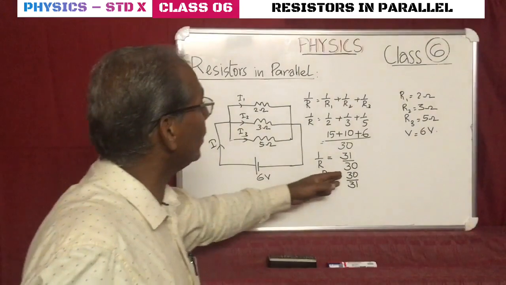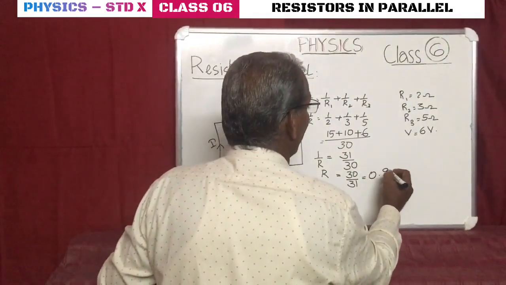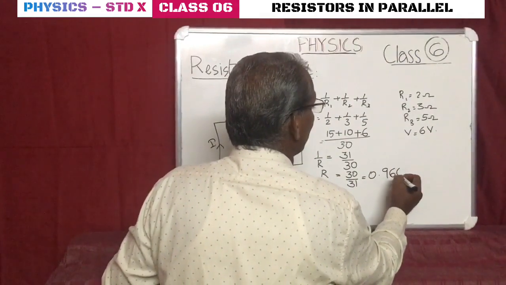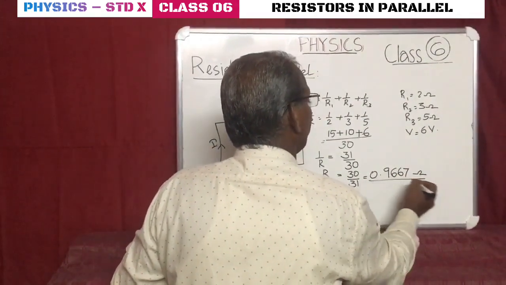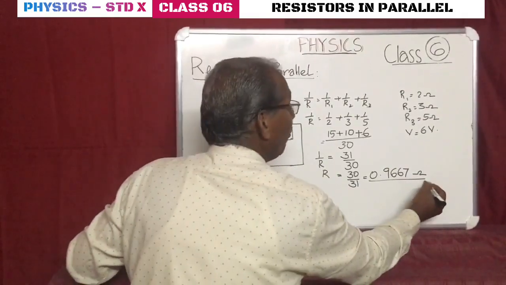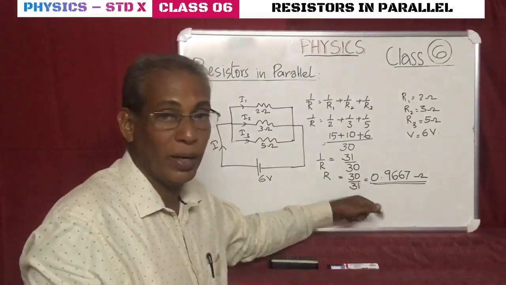If you divide 30 by 31, we get 0.9667 ohm. This is the effective resistance of the three resistors in parallel.